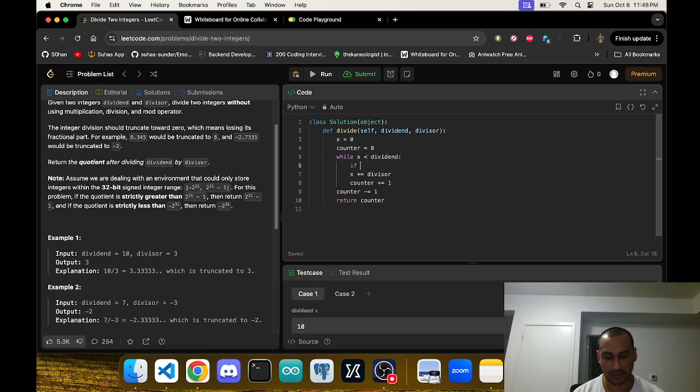Okay, I'll put if x equals the dividend, then we return the counter as is. So for example, let's say it is 9. So 3 plus divisor plus 1. Okay, cool. Okay, let's just delete these two. I don't know why it's giving me -7. It shouldn't.